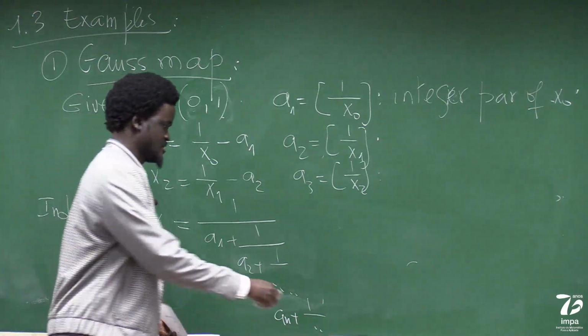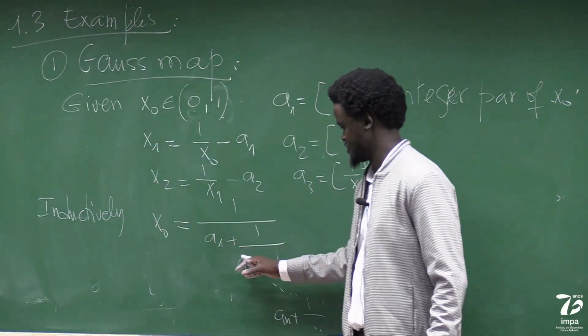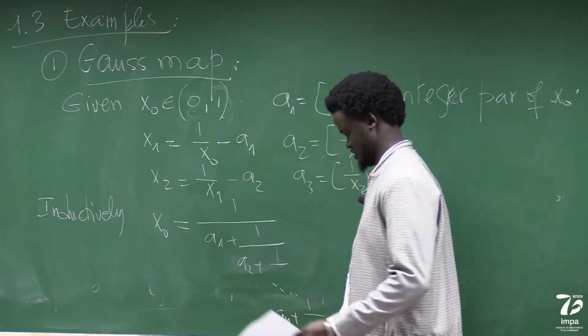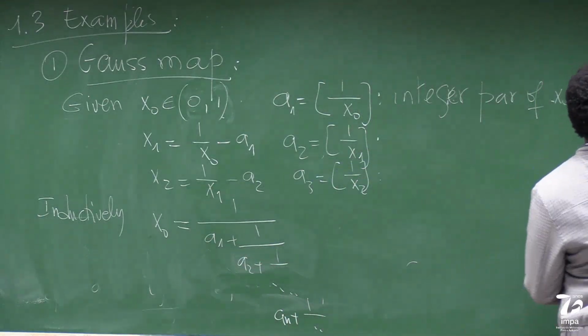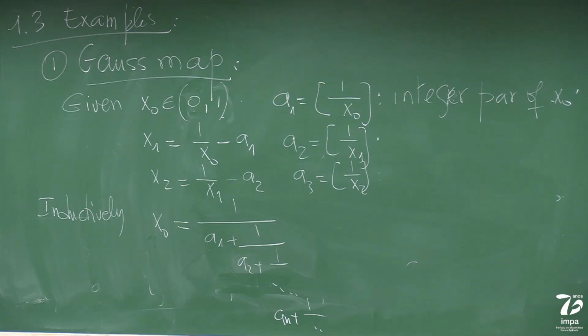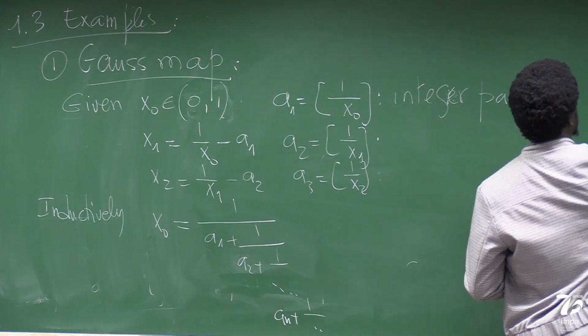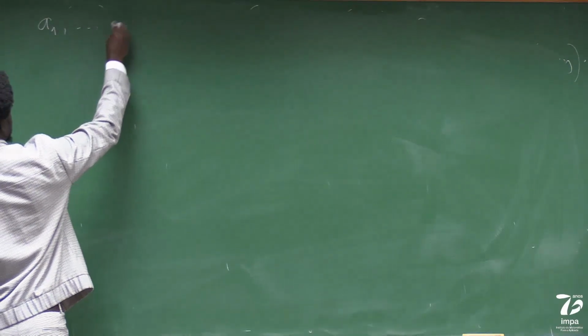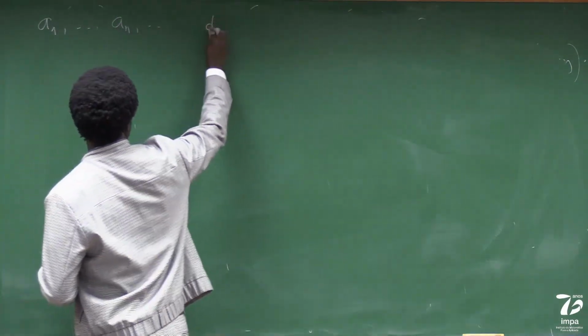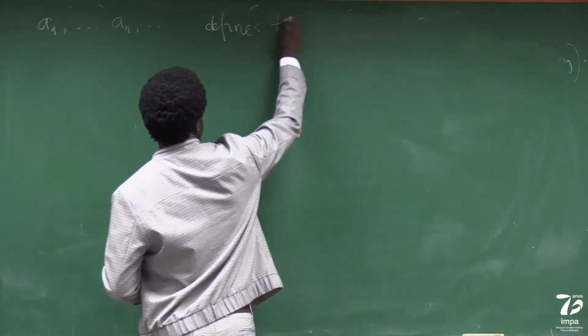Now there is a dynamical system that captures these numbers, that is the Gauss map.